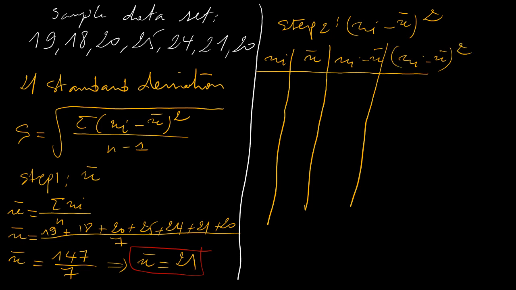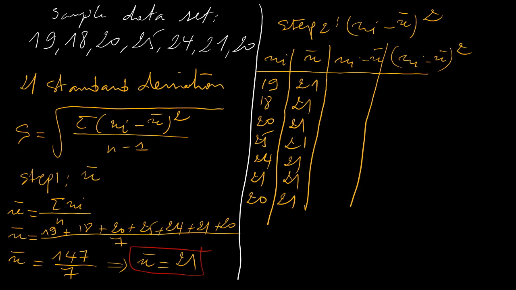So let's write down our data set. We have 19, 18, 20, 25, 24, 21, and finally 20. We have x bar equals 21.